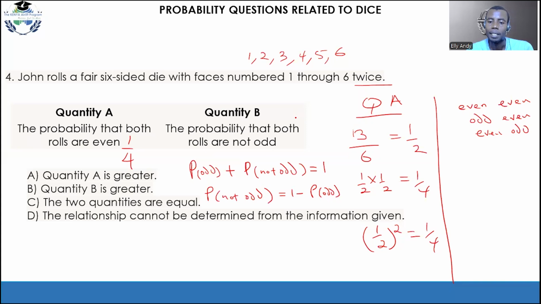So in our case here, we just need to get the probability of odd and we subtract it from 1, and that will give us the probability that both rolls are not odd.